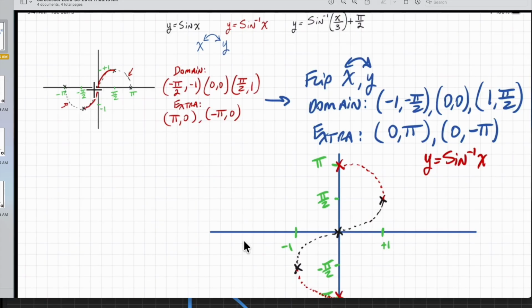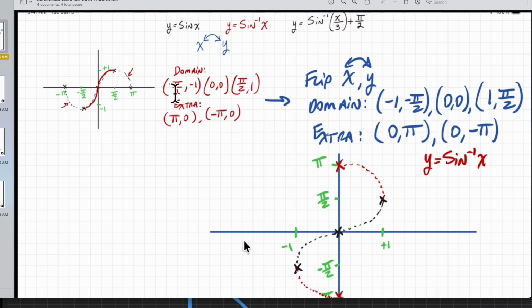Sometimes if we just have these 3 points, I get confused as to what's concave up, what's concave down. But the fact that eventually the normal sine graph hits pi comma 0, and it also hits negative pi comma 0, I include those as ghost points to help me maintain the curvature.